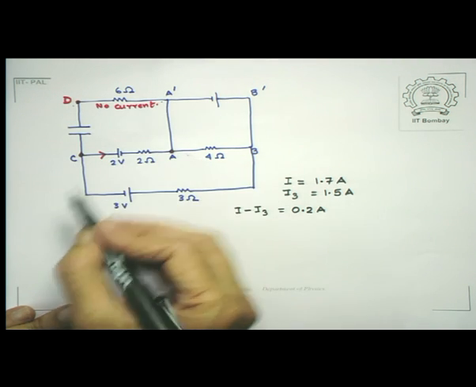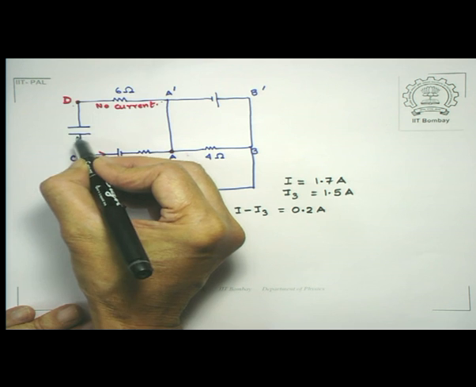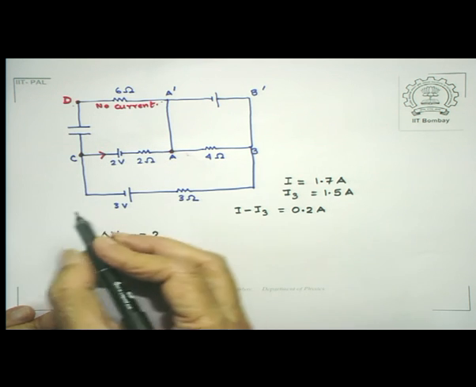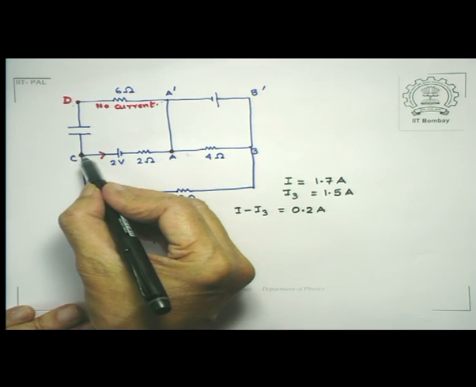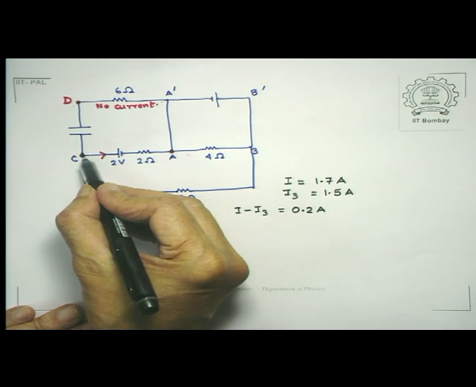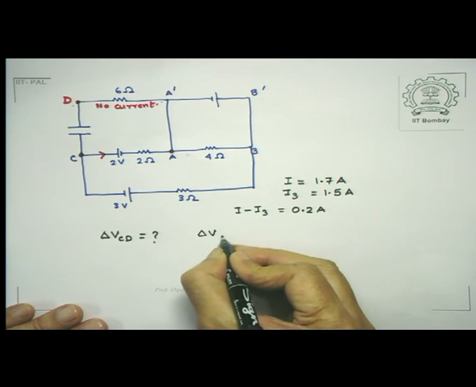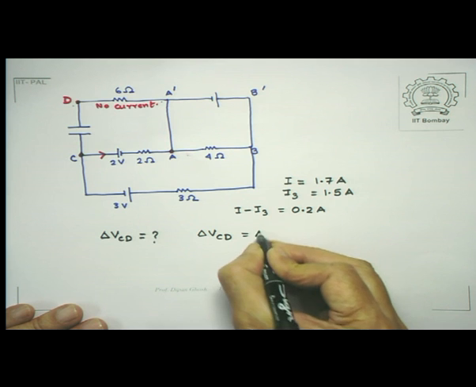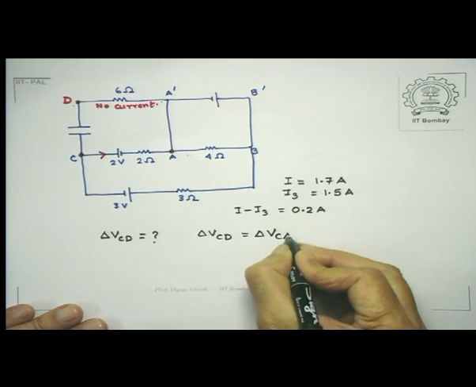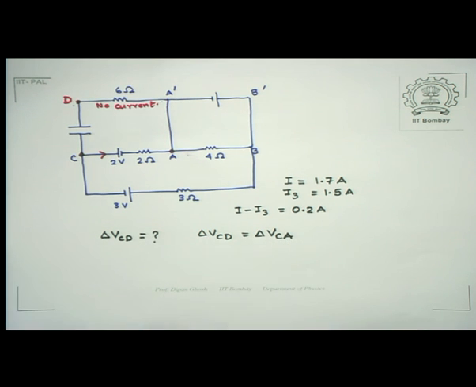So therefore, the potential drop across these two plates is the same as the potential drop across C and A. So this is equal to delta VCD is the same as delta VCA. And I know the current here.